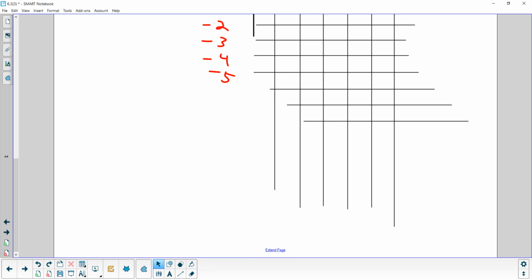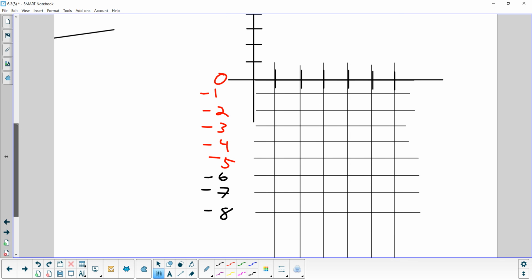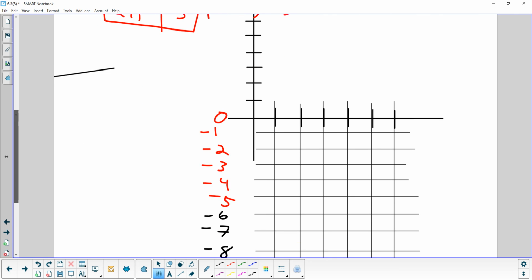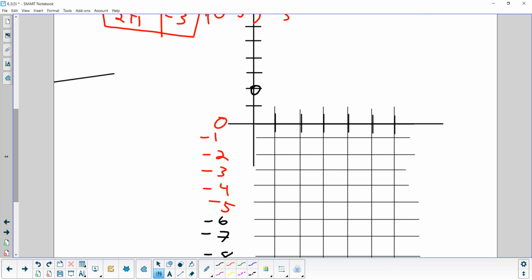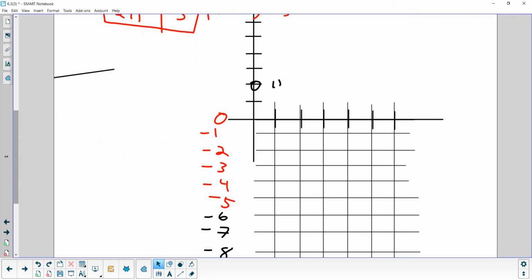So -6, -7, close. All right, and my x values, we're going to use 0, pi over 2, pi, standard x values.